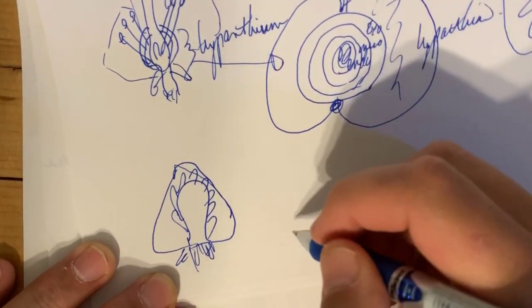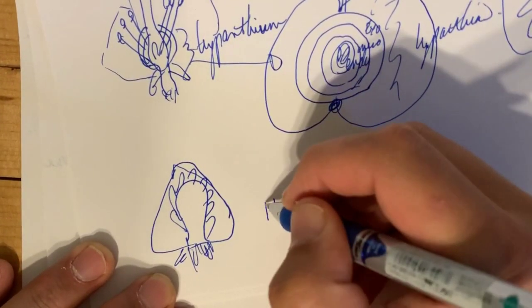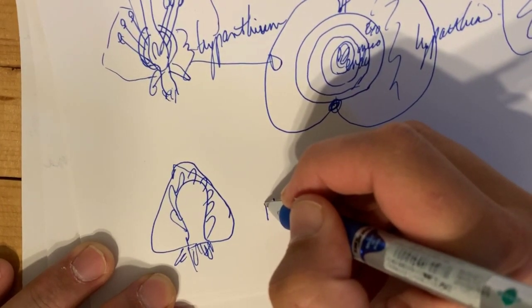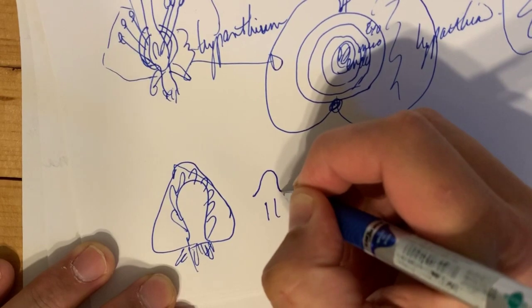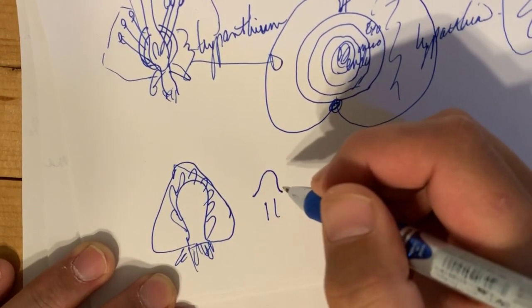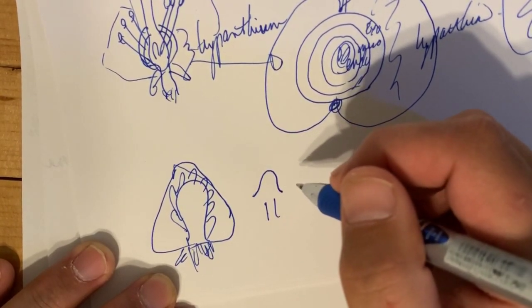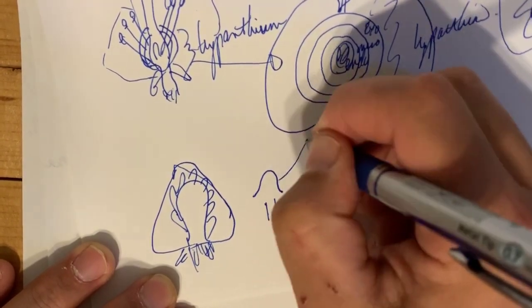Now, the way this actually grows is from the swelling of the receptacle in that strawberry flower. So this flower is actually covered in a ton of different pistils, right? There's also stamens in here.